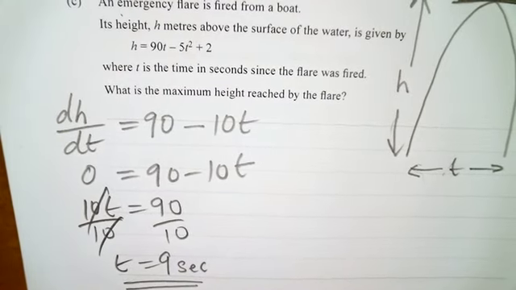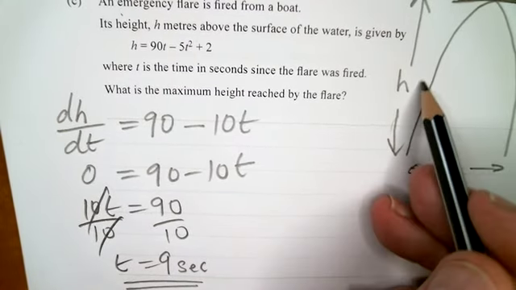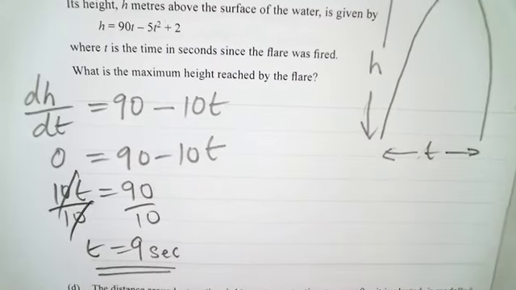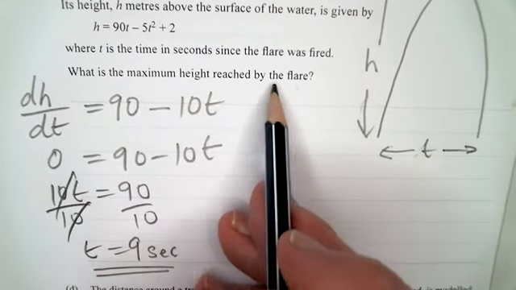Now, we know the time it takes to reach a gradient of 0, which in this case is the maximum height. What we want to do now is find what the maximum height is.